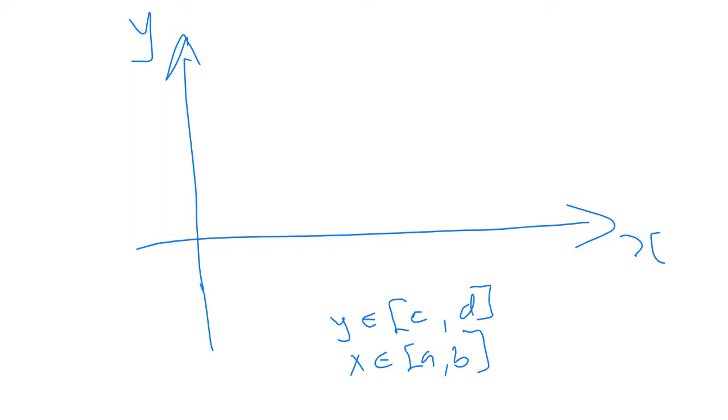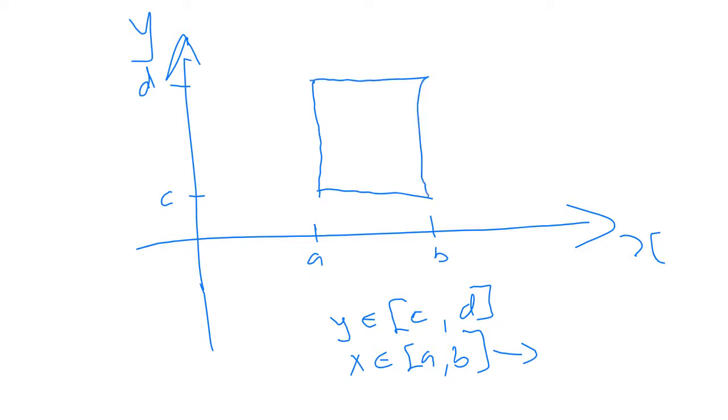So what we are going to do is draw these regions on the XY plane. Our a there, our b there, and then our c here, our d there. The region that this covers is actually a rectangle, right? The rectangle has points, so we can define points on the rectangle.